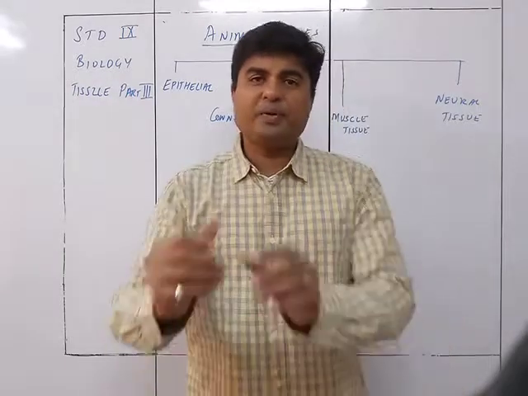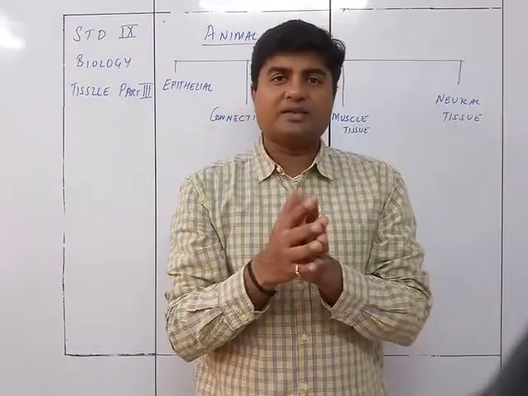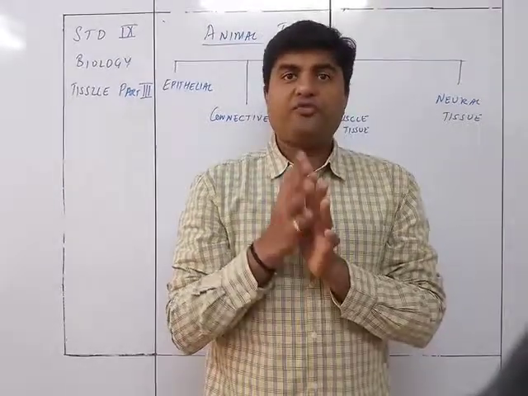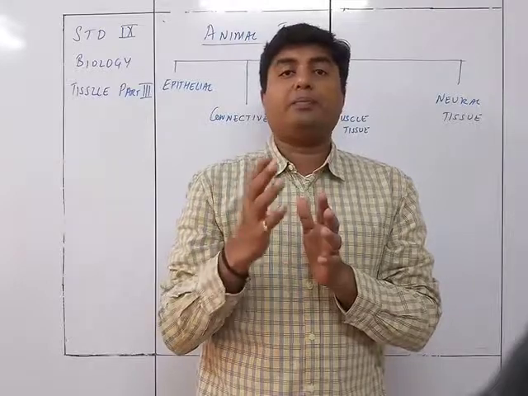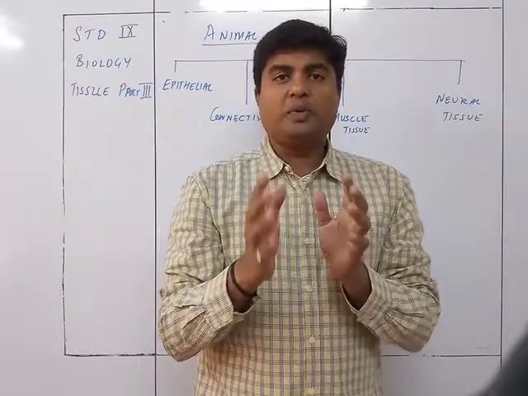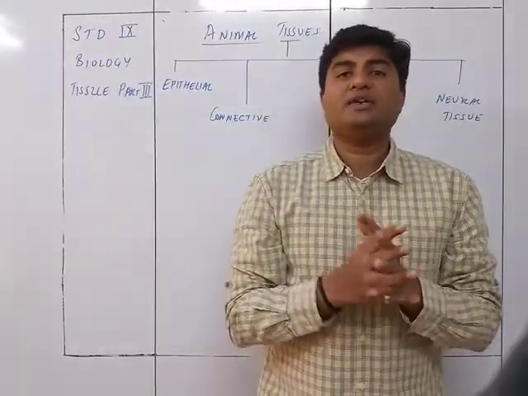You can make a simple kind of understanding from this, that wherever in a body a foreign particle can reach, in our body, all those places where a foreign particle can reach will have epithelial tissue in it.